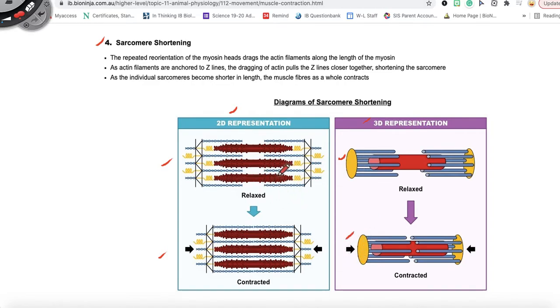So notice that because the actin and the myosin were able to slide past each other, and this is because the myosin heads reoriented themselves, with that swiveling motion and that oar rowing that boat, the myosin heads repositioned themselves and they were able to drag the actin filaments past the myosin filaments. Okay? And when that happened, you get this contracted sarcomere, which is what gives you the muscle contraction as a whole.